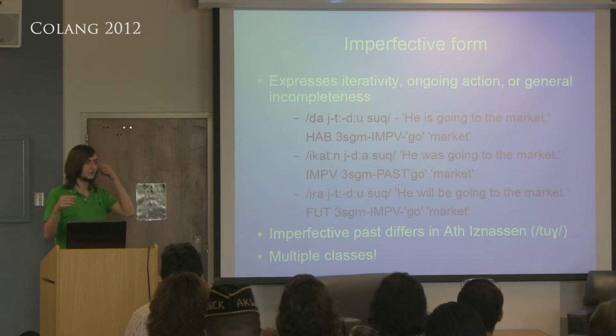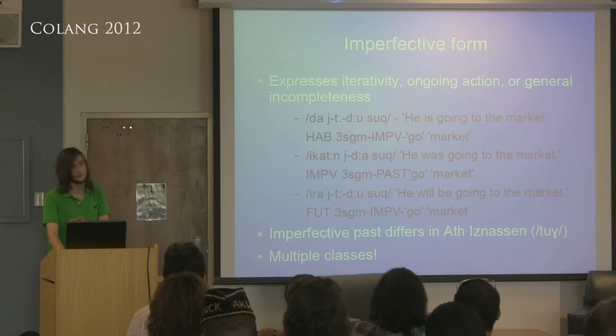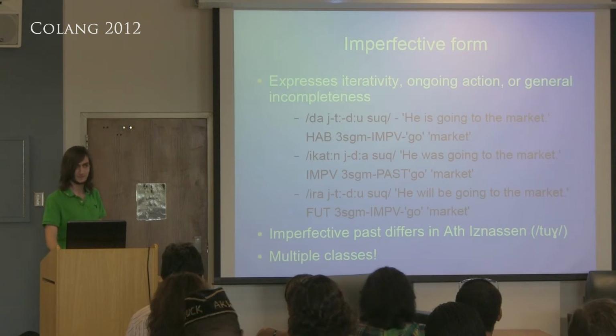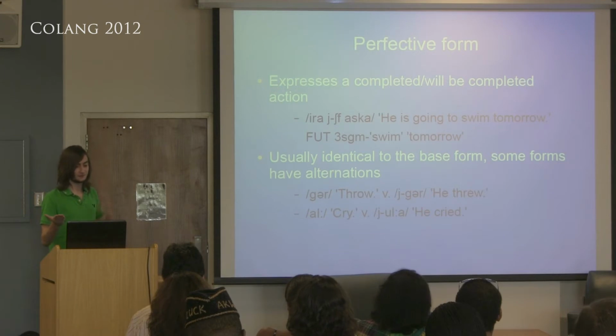And there's other classes that will insert a geminate consonant and make a vowel change. I don't have any examples of those in here because they seem pretty typologically rare, but examining those classes further is another future topic. And then we have the perfective form.